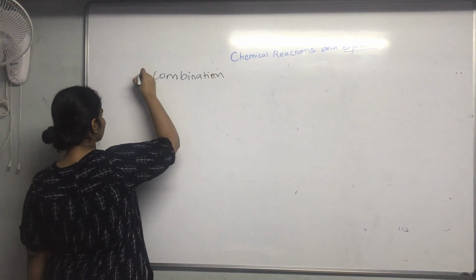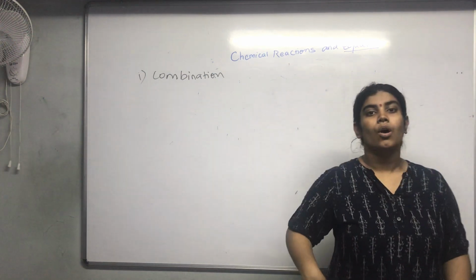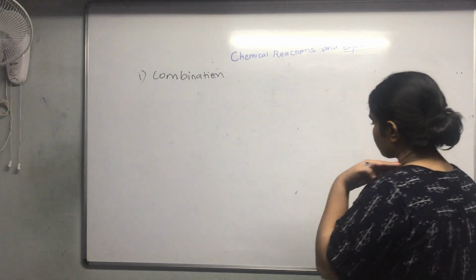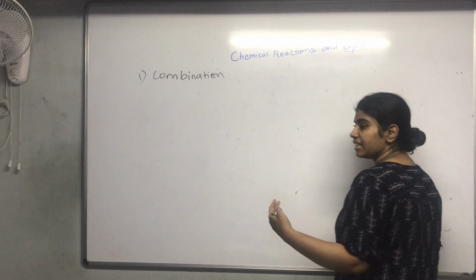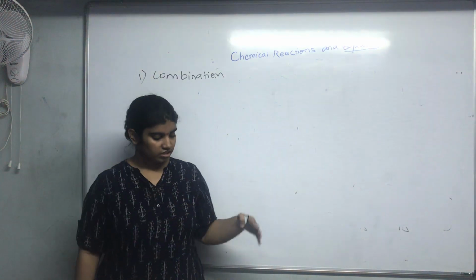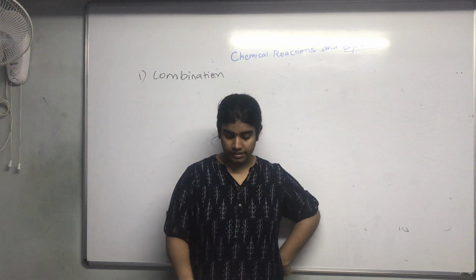As the name suggests, what does this do? Combination reaction means to combine. What is combination made up of? Combining different things. So combination reaction here also means combining things.